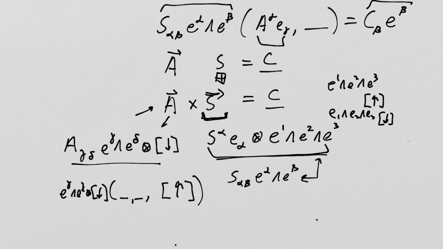capacity is looking for. So then over here, if we feed this thing to it, well, we're feeding it a capacity because this is S alpha E alpha tensor product a density with an up arrow.